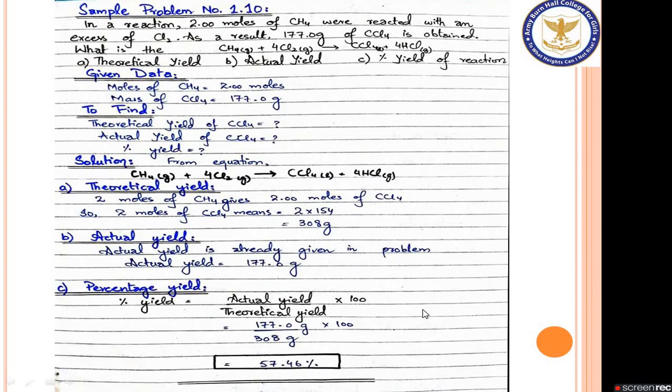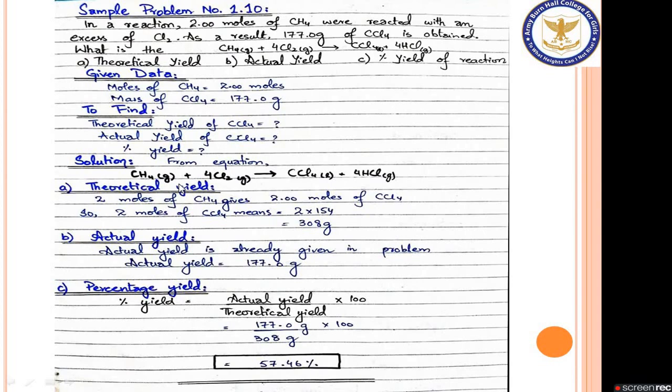For solving this numerical problem, first we write the balanced chemical equation from the statement of this problem, that 1 mole of methane reacts with 4 moles of chlorine. We will have the formation of 1 mole of carbon tetrachloride plus 4 moles of HCl gas. So first we will calculate the theoretical yield.